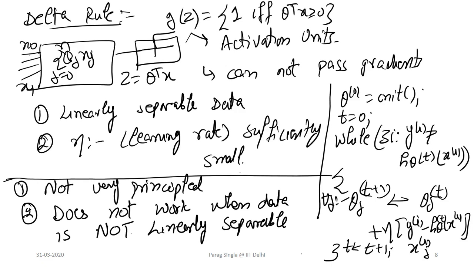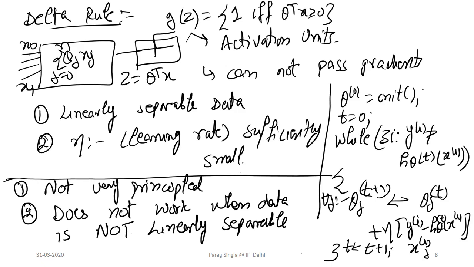The only difference is h theta xi is a linear combination followed by the step function, which is non-differentiable. Nevertheless, you can show that this delta rule converges for linearly separable data and when eta is sufficiently small.